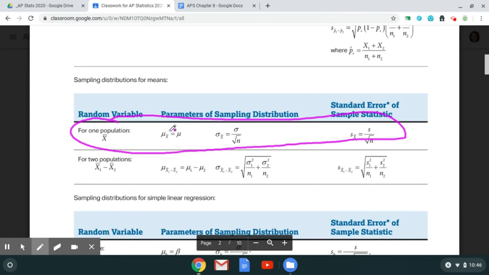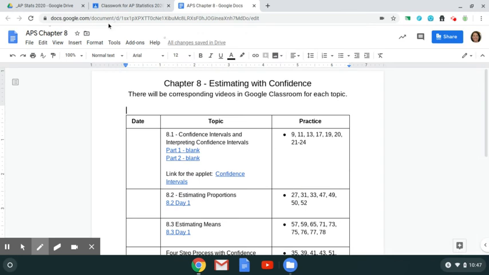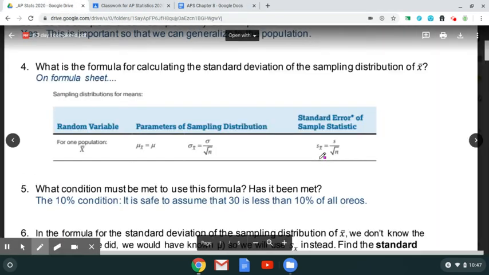As we learned in chapter 7, these two formulas from chapter 7. Okay, so there is the formula for calculating the standard deviation.